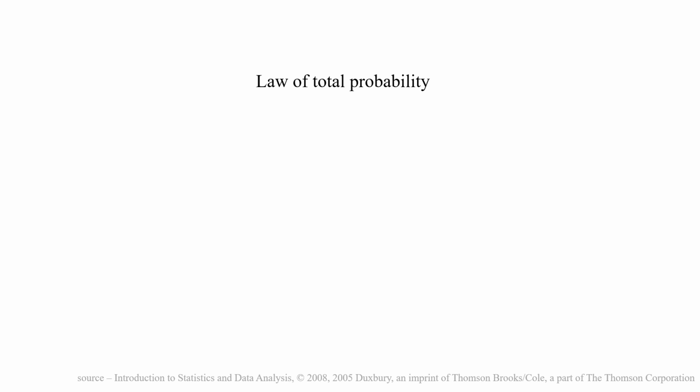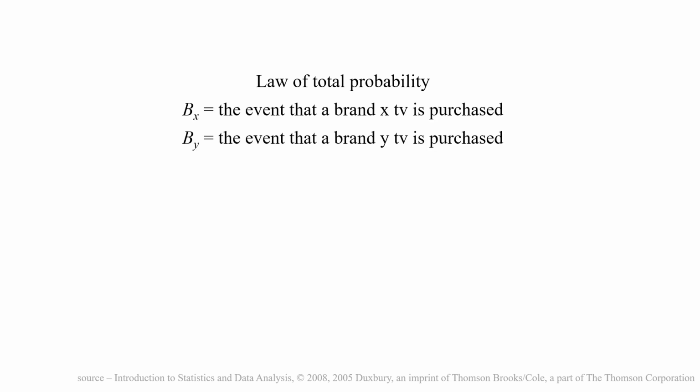Law of total probability. Let's try and understand the context for law of total probability via an example. Let's assume that a shop sells two brands of TVs, brand X and brand Y. Let Bx be the event that a brand X TV is purchased and By be the event that a brand Y TV is purchased.